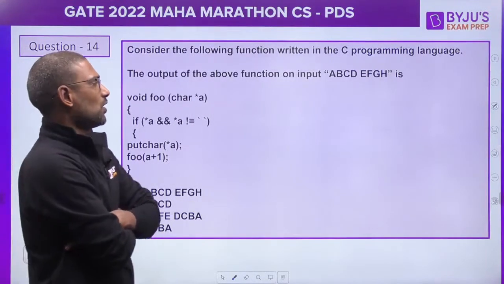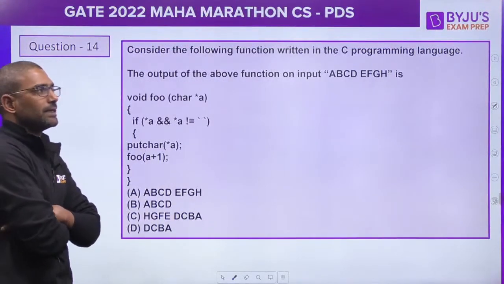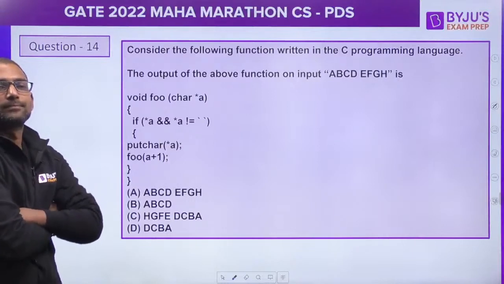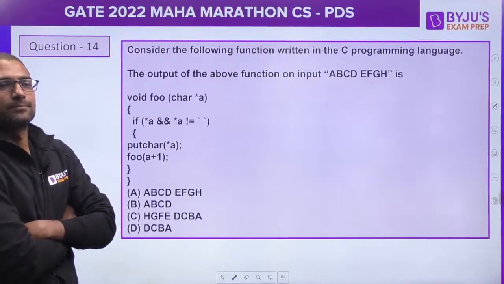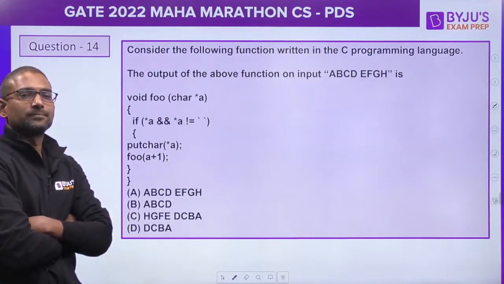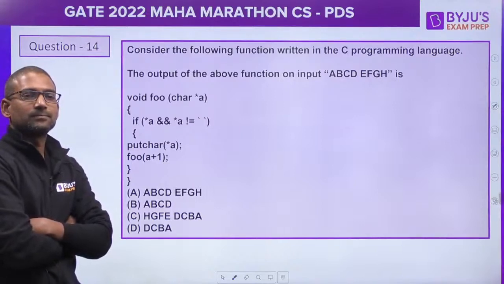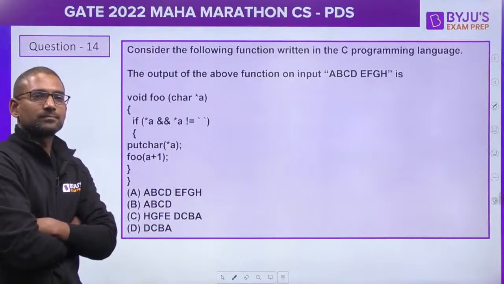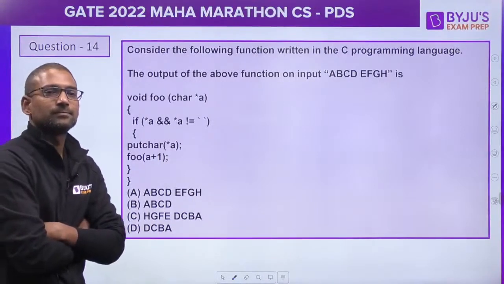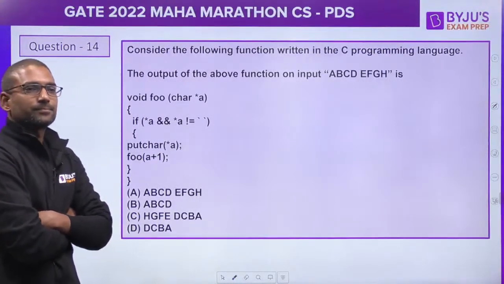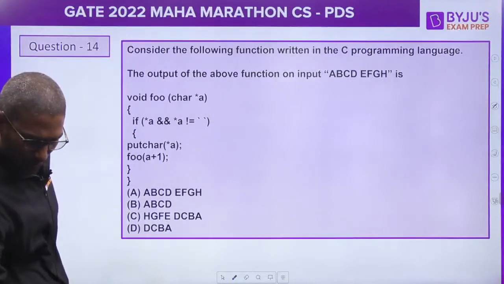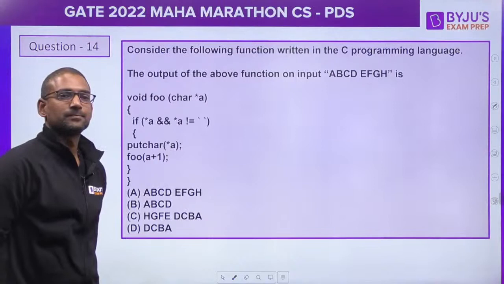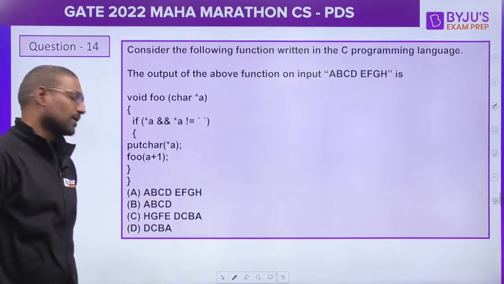The output of the above function on input A, B, C, D, E, F, G, H is... Quick, we have many questions to solve. It's very simple.